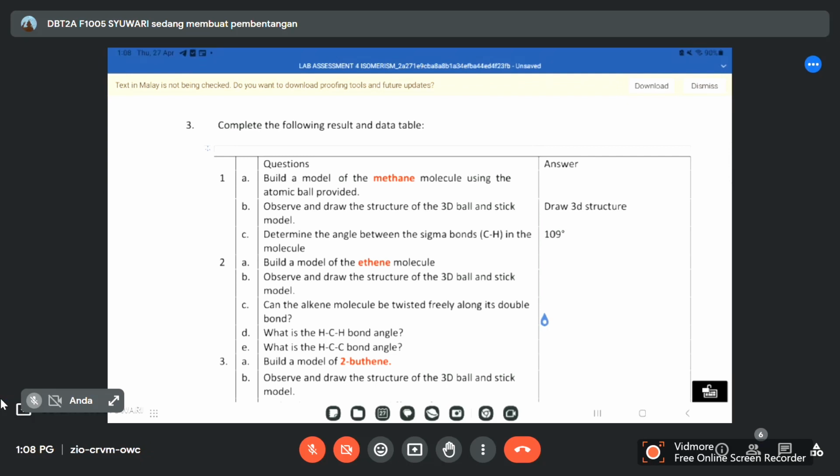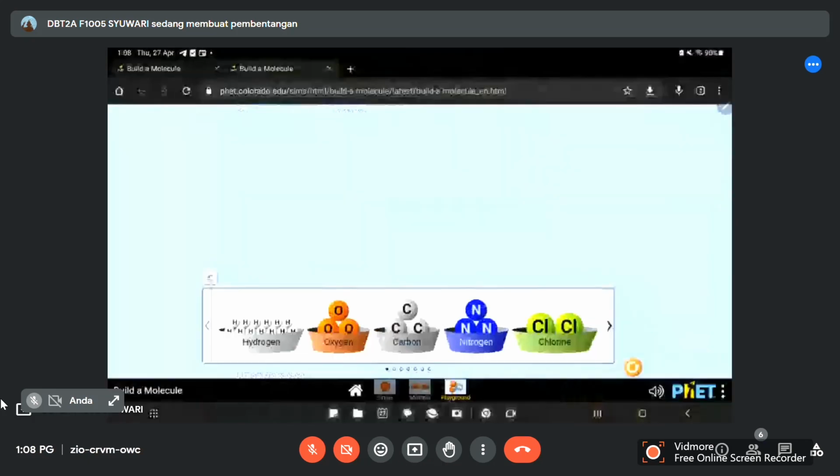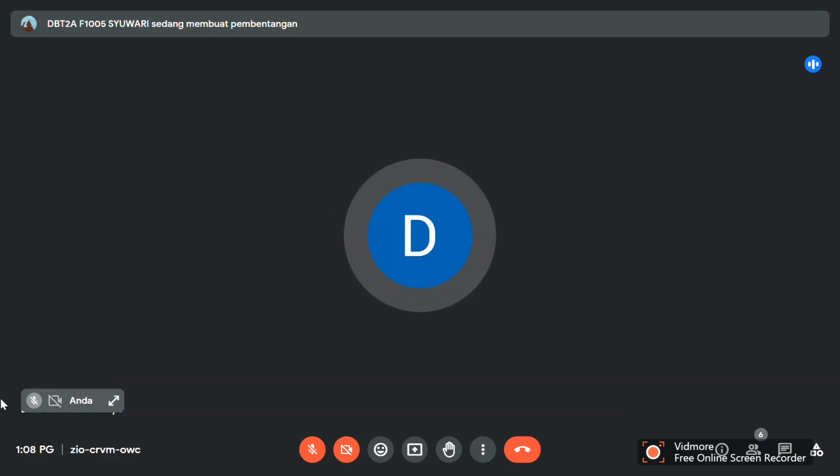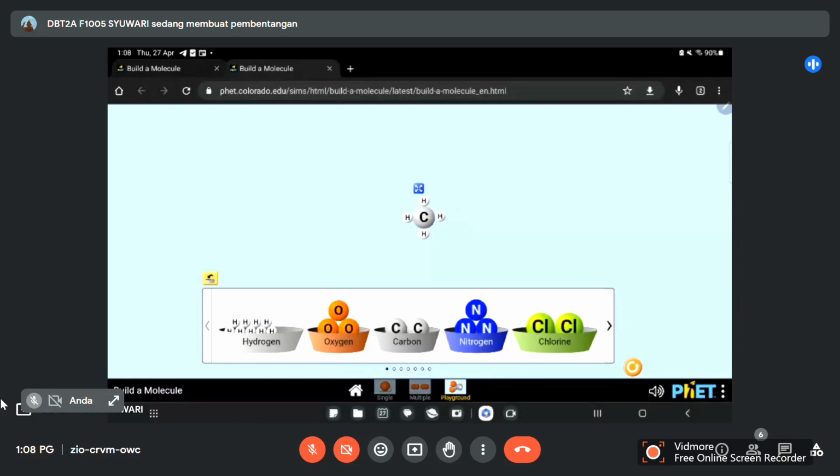So guys, what kind of atom can we use to build a methane molecule? Carbon and hydrogen, which is one carbon and 4 hydrogen. So to build a methane molecule, we must use 1 carbon and 4 hydrogen.